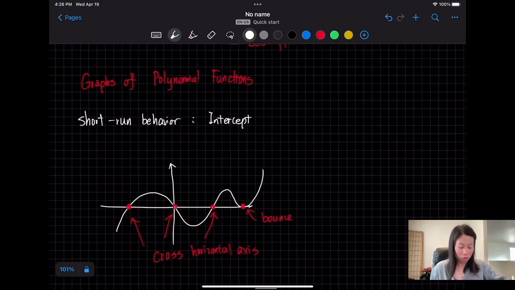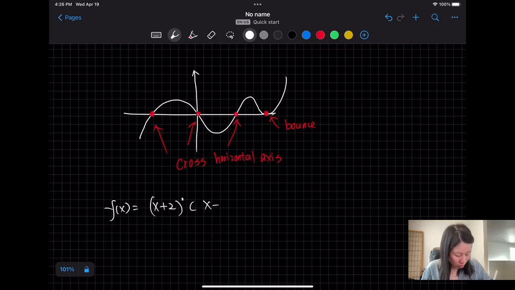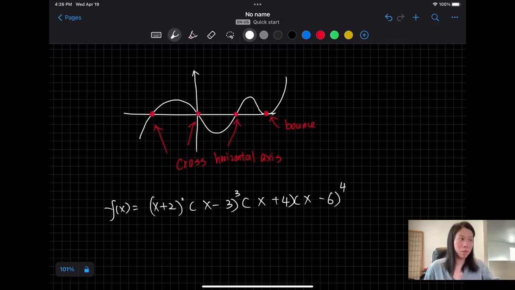So what is multiplicity? Look at this polynomial: (x plus 2) squared, (x minus 3) to the cube, (x plus 4), and then (x minus 6) to the 4th power. So the multiplicity is determined by the factor's power.